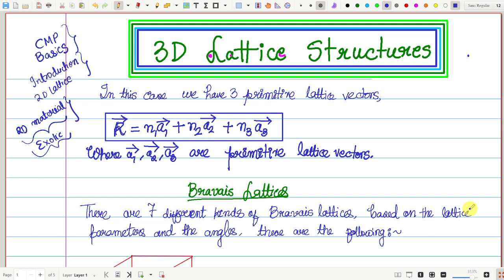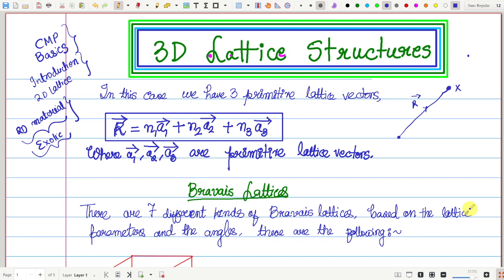So now it becomes a 3D lattice where there are three primitive lattice vectors, and for any vector from the origin to any point where there is a lattice point, the position vector will be given by a linear combination of these three vectors, where the coefficients must be positive integers.